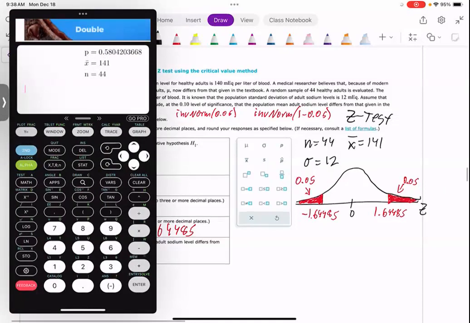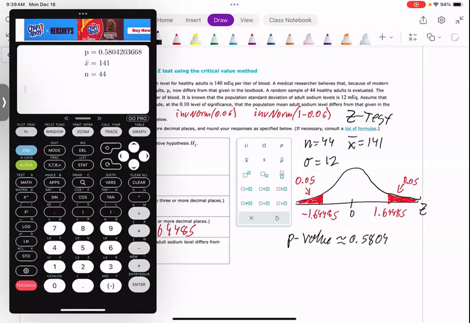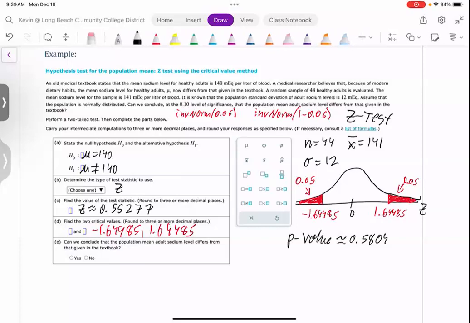So the p-value we can see here is about 0.5804. So this one's using the critical value method, but we can see that this is clearly bigger than 0.1.